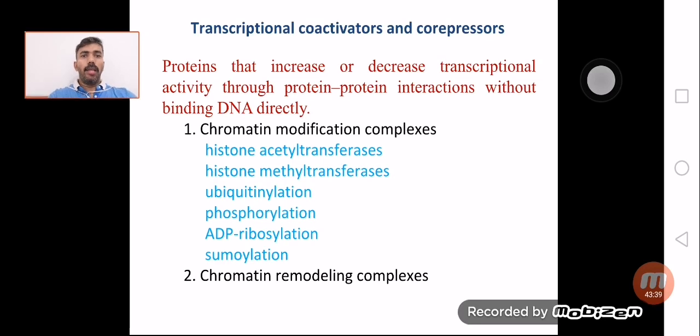That means usually they are involved in the condensation decondensation process. So I am not going into the discussion of that part, that we will discuss later in some other video. And the second one is chromatin remodeling complexes. So all these different coactivators and co-repressors play a crucial role in the decondensation mechanism.